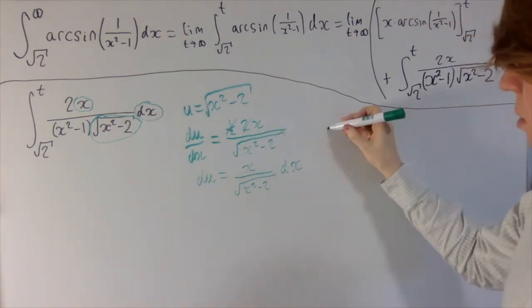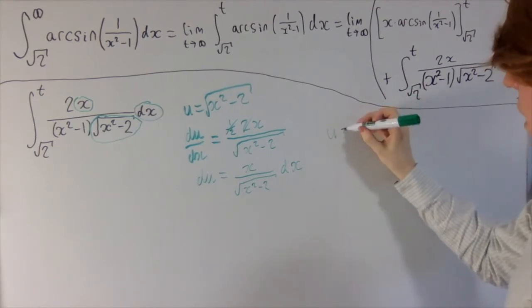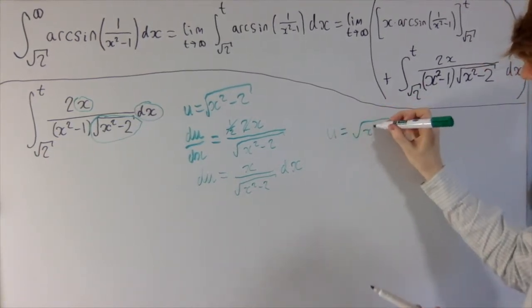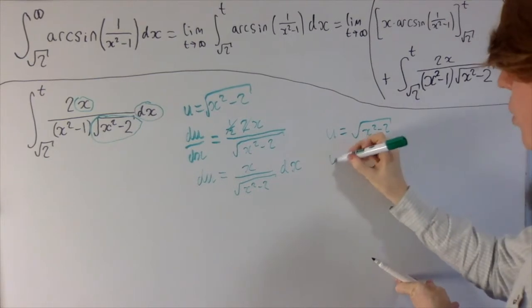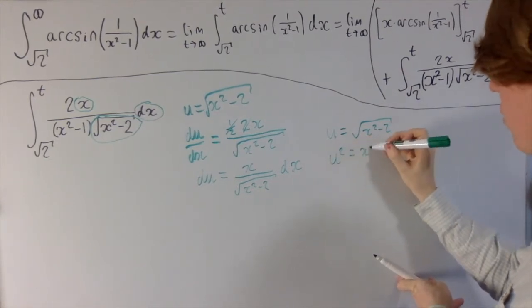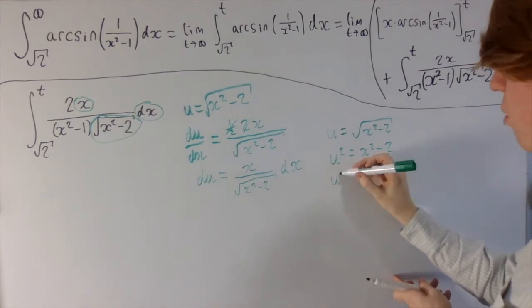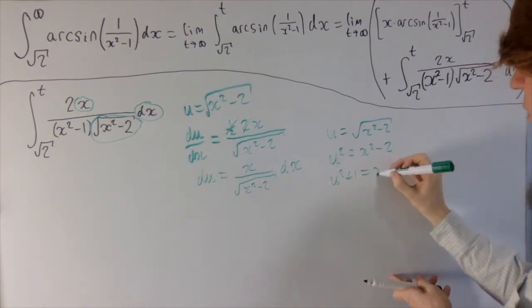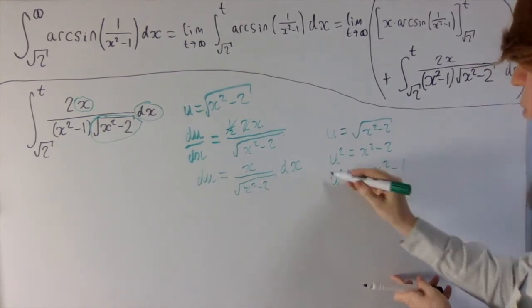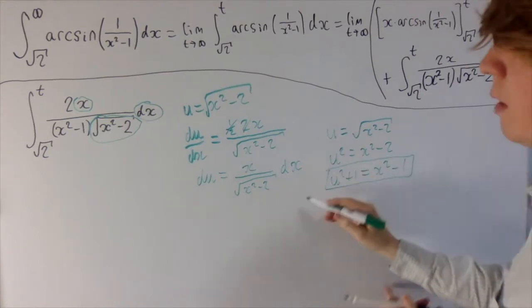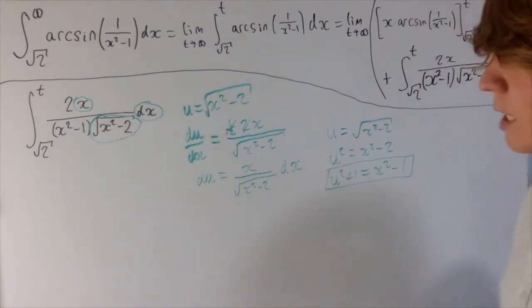So what we can do is we can say u is equal to root x squared minus 2. Let's square both sides. u squared equals x squared minus 2. Then we need x squared minus 1, so just u squared plus 1 is equal to x squared minus 1. So then that's our x squared minus 1 term dealt with.